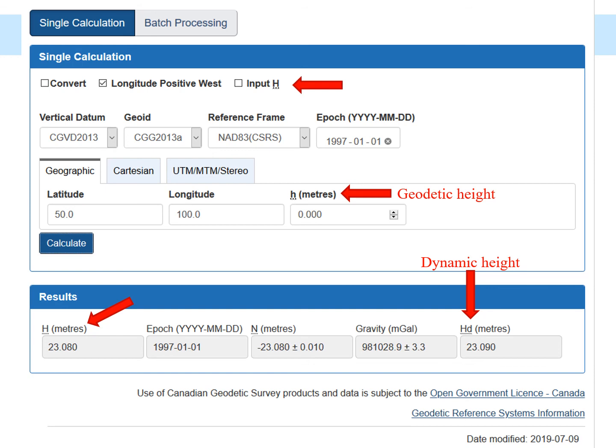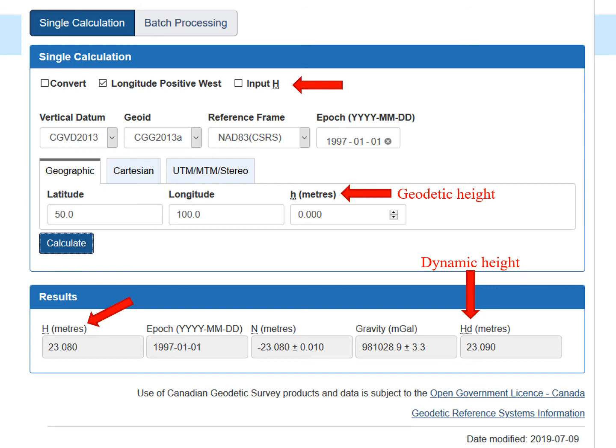And here the result gives the orthometric height, in this case the epoch, and here is the N, which is the geoidal height, with indication of its precision. So it's saying that it's plus or minus 1 centimeter, and this is 1 sigma.